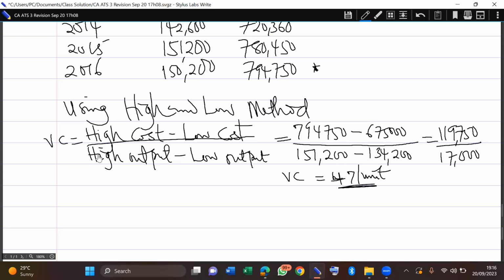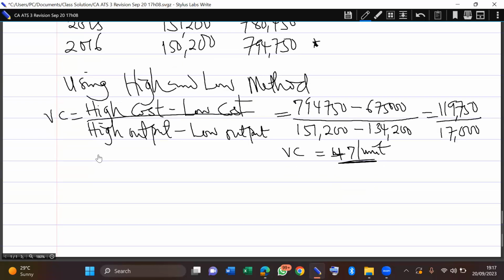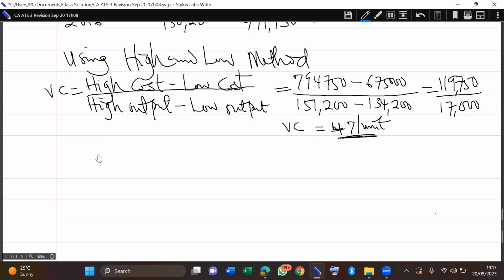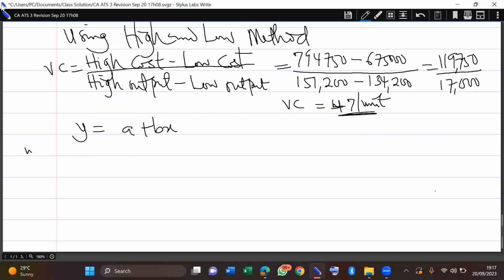Now, the next thing is, let's find our cost function. Our cost function is y equal to a plus bx, where our a is equal to y bar minus b x bar.